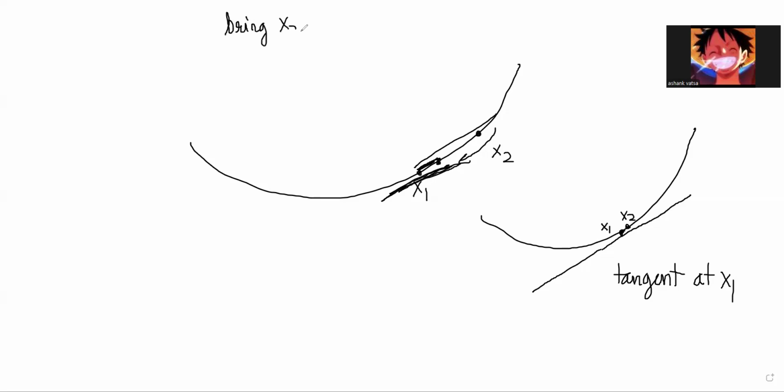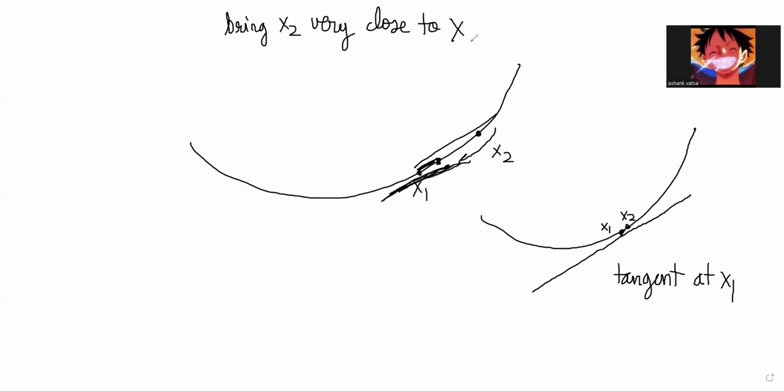If you think about it closely, if the point is super close to it, then it will almost start looking like the tangent at point x1, right? Actually, it is not the tangent because it is connecting x1 to x2. But what we are saying is bring x2 very close to x1.